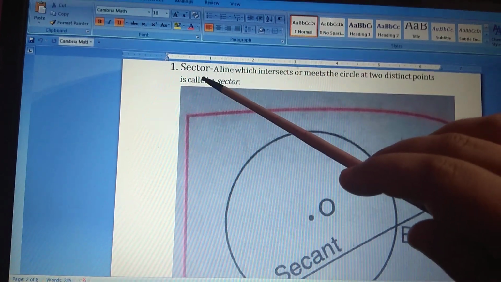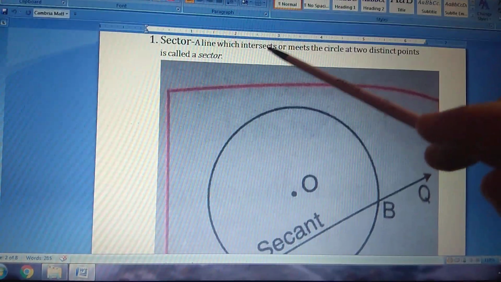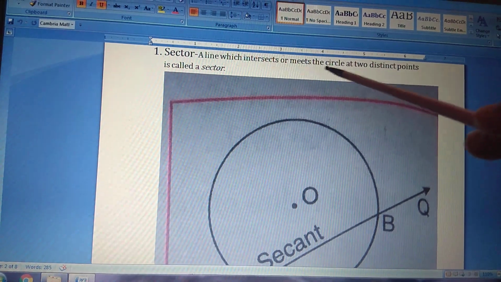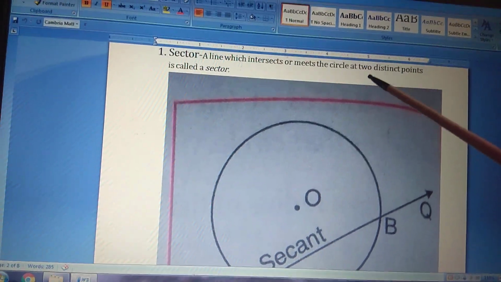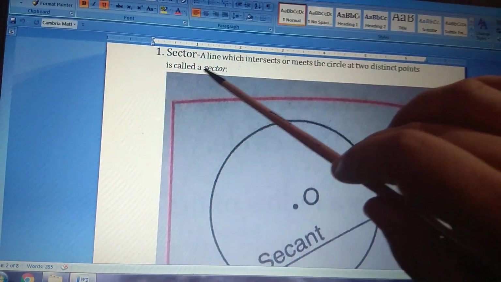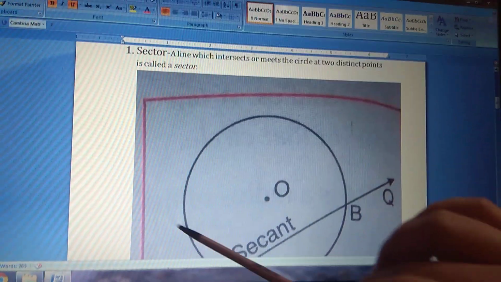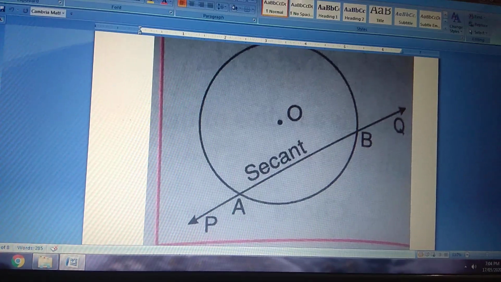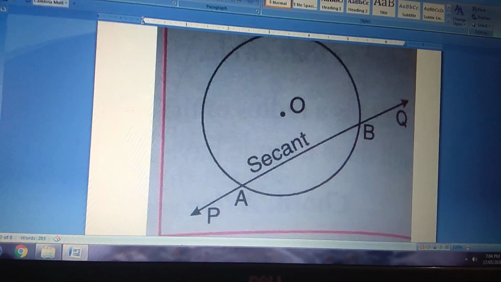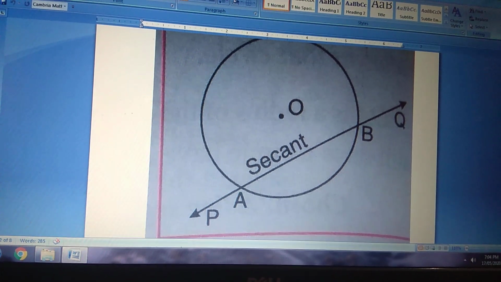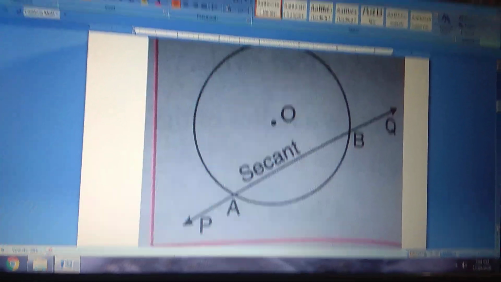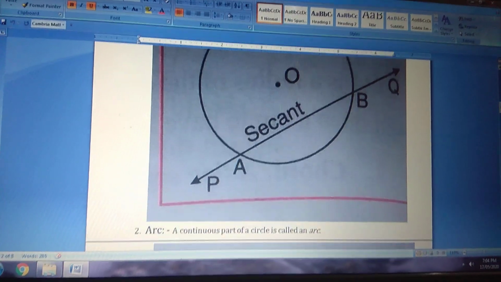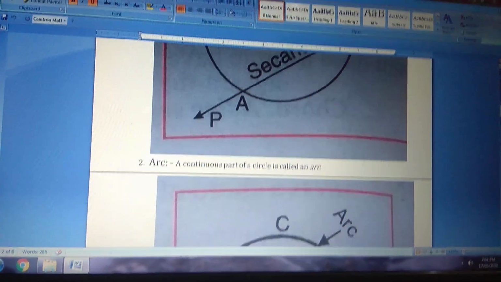First one is secant. A line which intersects or meets the circle at two distinct points is called a secant. You can see here a figure of it. PQ is a line and this line PQ intersects the circle at points A and B. Then we come to arc.